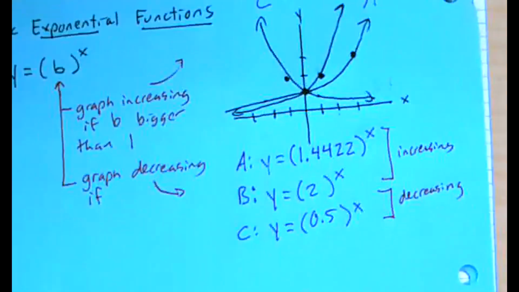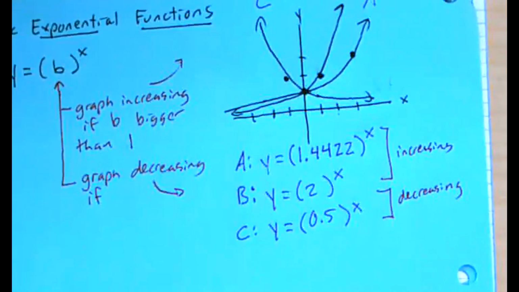So then what happens to B if our graph is decreasing? Bigger than 1 means it's increasing. What has to be true to make it decreasing? Smaller than 1? Give me an example. 0.9. 0.9 is just a tiny bit smaller than 1. I'm going to try this on my Desmos real quick and just make sure you're right.